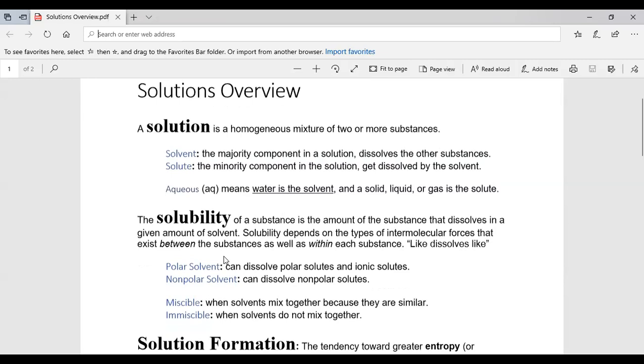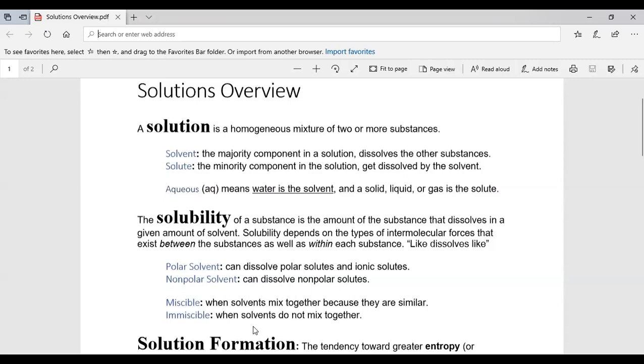So a polar solvent can dissolve polar solutes, and it can also dissolve ionic solutes using ion-dipole forces. A nonpolar solvent can only dissolve nonpolar solutes. When we're talking about trying to mix solvents together, the words we would use would be miscible, which sounds a lot like mixable and means the same thing, that solvents can mix together because they're similar, or it can be immiscible.